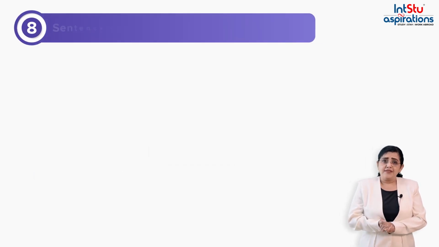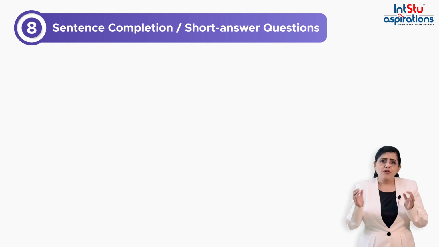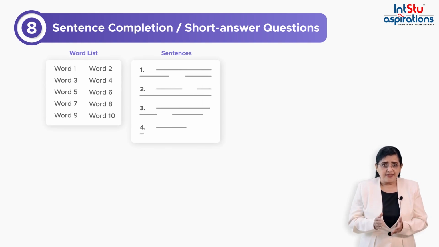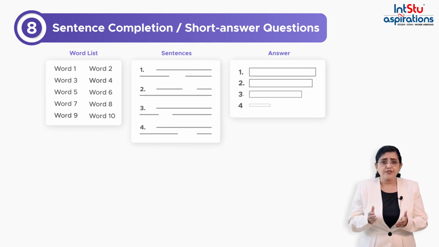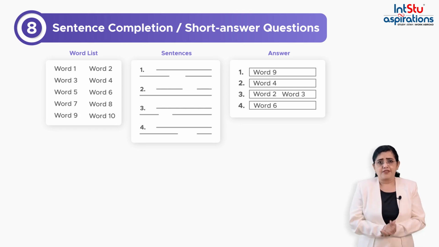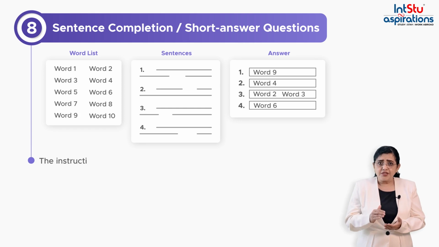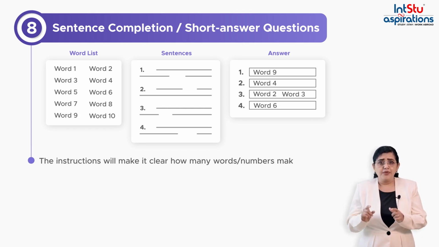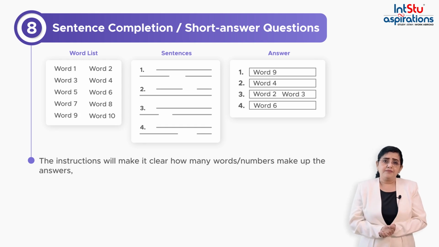The next one is sentence completion or short answer questions. Test takers need to complete sentences or answer questions using a given number of words taken from the text. The instructions will make it clear how many words or numbers make up the answer.